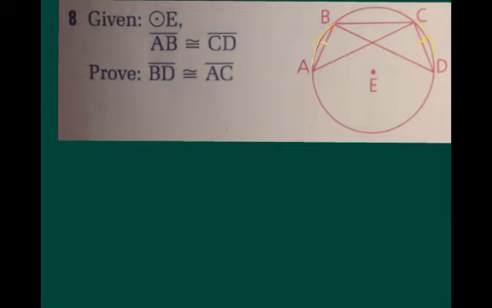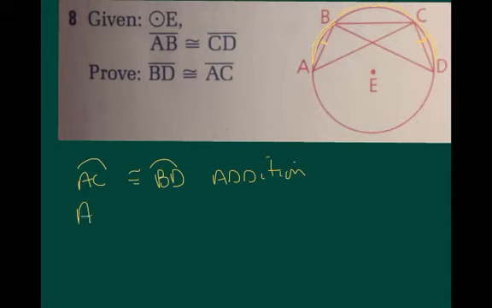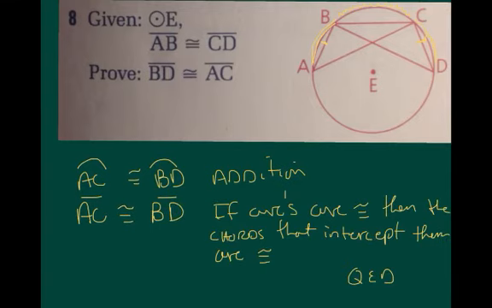Now, by the reflexive property, I know that BC is congruent to itself. So by addition, arc AC is going to be congruent to arc BD. Now, as we just learned, if arcs are congruent, then chords are congruent. So therefore, AC is congruent to BD. And that leaves us having proved the conclusion.